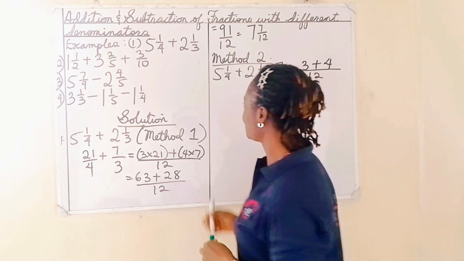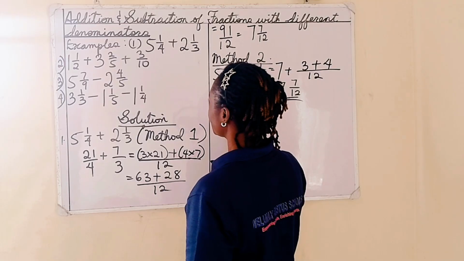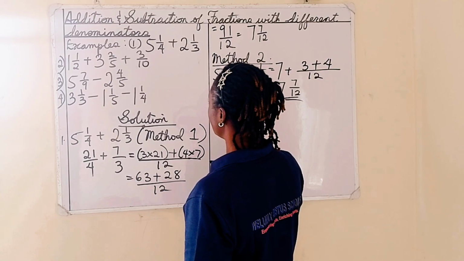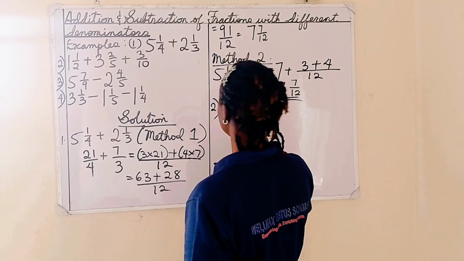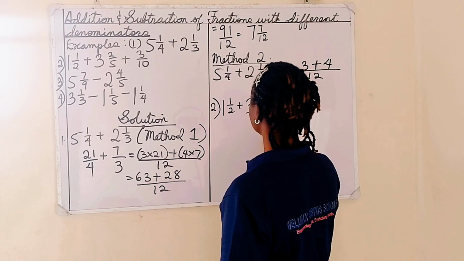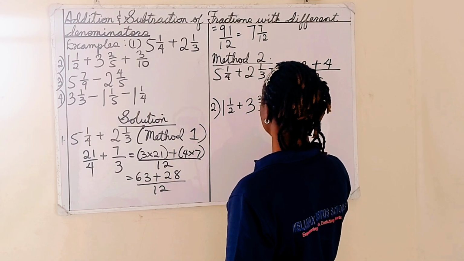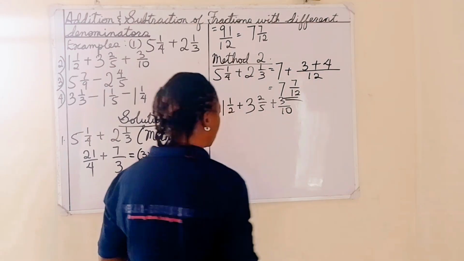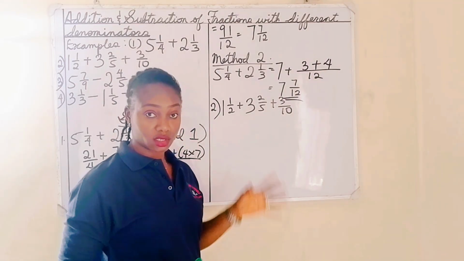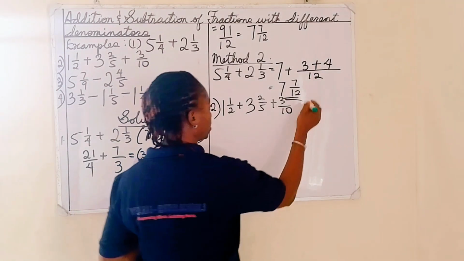Let's continue. Question 2. We have 1 whole 1/2 plus 3 wholes 2/5 plus 3 over 10. Okay, I'm still going to use the two methods in solving this particular question.